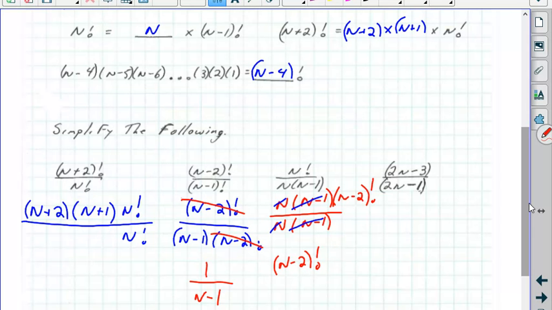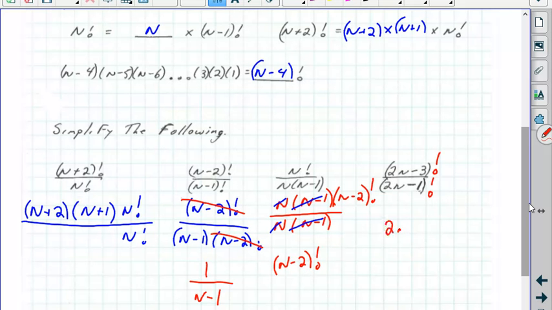This guy's the same way. What's bigger? 2 times n minus 3 or 2 times n minus 1? 2 times n minus 1. Now, obviously, I forgot to put factorial in there, if you could do that for me, because otherwise they were just nothing. So, I'm going to take the larger one.